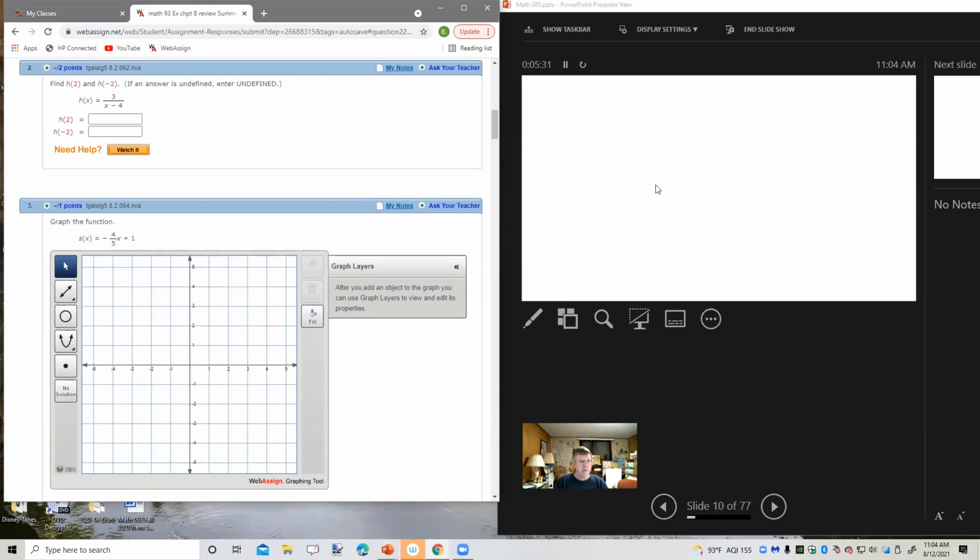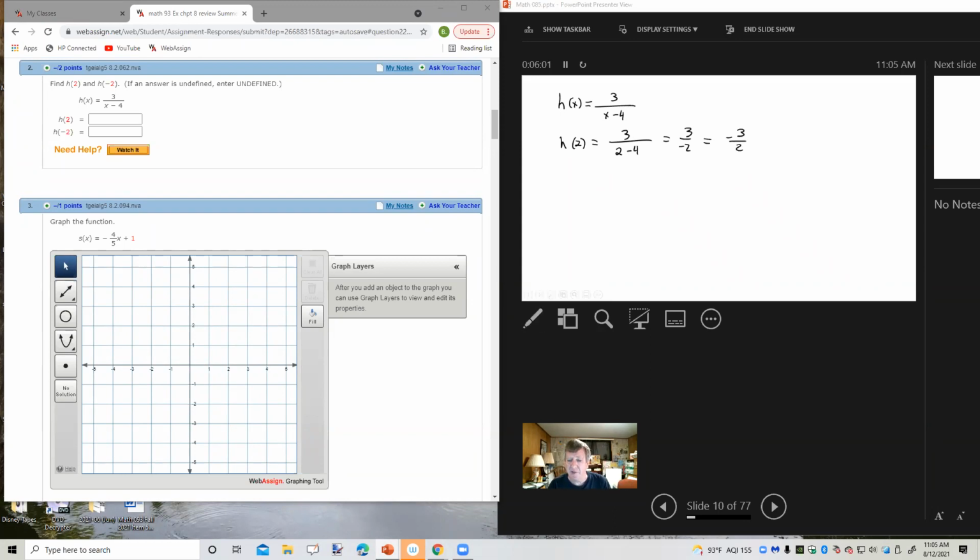Let's take a look at another one. Find h of 2 and h of negative 2. If an answer is undefined, enter undefined. So our function is h of x equals 3 over the quantity x minus 4. So h of 2 would be 3 over 2 minus 4, which is 3 over negative 2 or negative 3 halves.